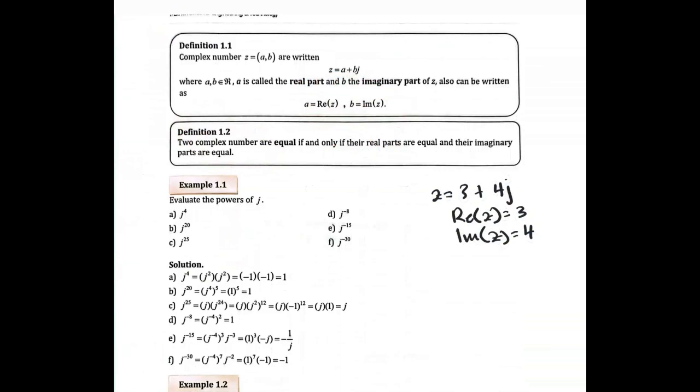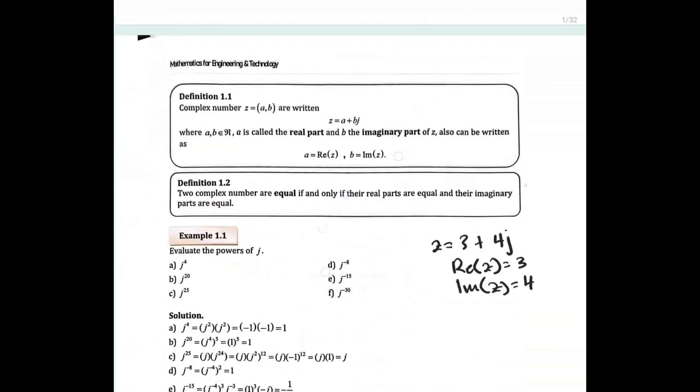For example, z equal to 3 plus 4j is said to be equal to another complex number 3 plus 4j. They should have the same real part and the same imaginary part. If they have different numbers, they are considered not equal.